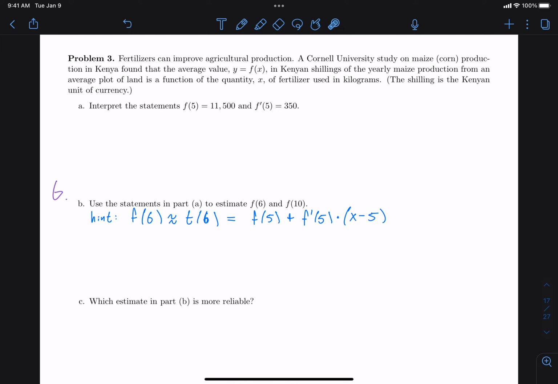F prime of 5 is the slope of it. Which is telling you roughly speaking how quickly the price is increasing as we move away from 5 kilograms.